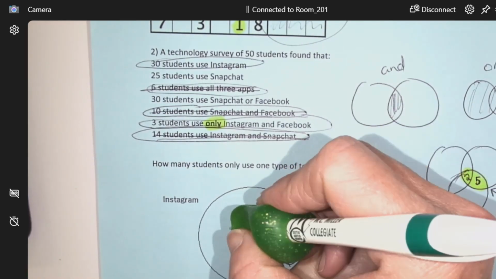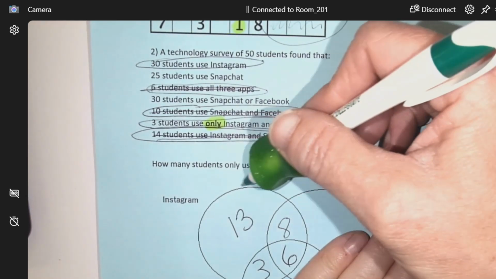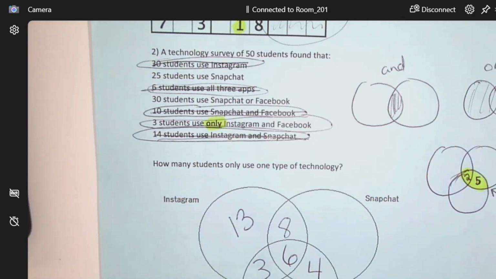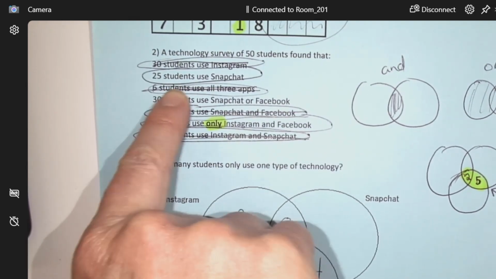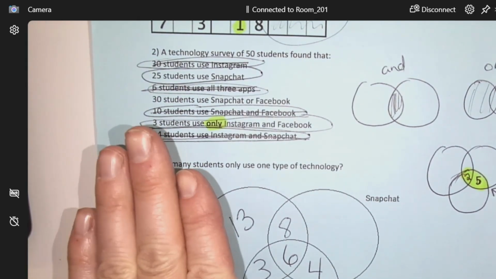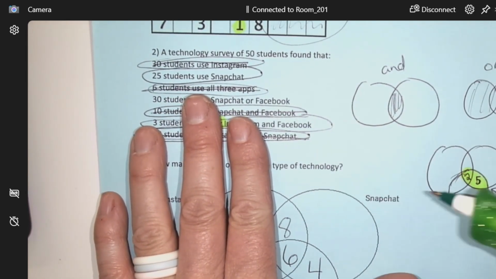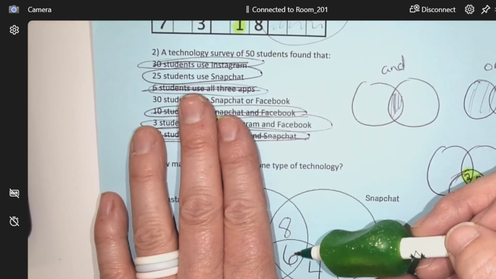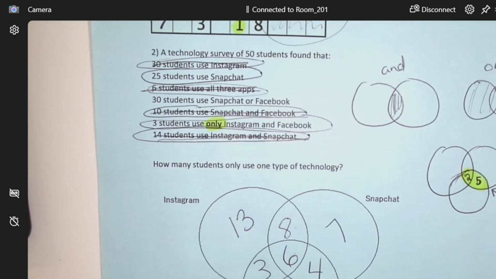So I need 13 more, and then that whole circle will add to 30. Here's another single statement. 25 use Snapchat. So kind of hide that. You only want the Snapchat circle. So I need 25. So 6 plus 4 is 10, 18. 7 more.